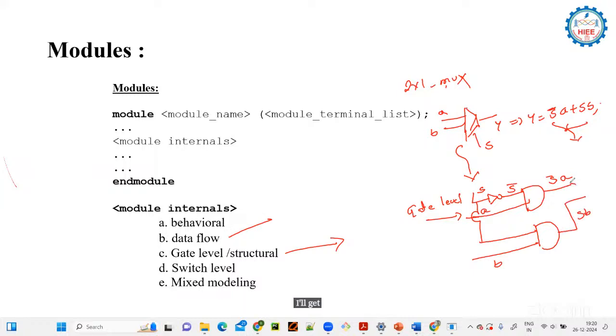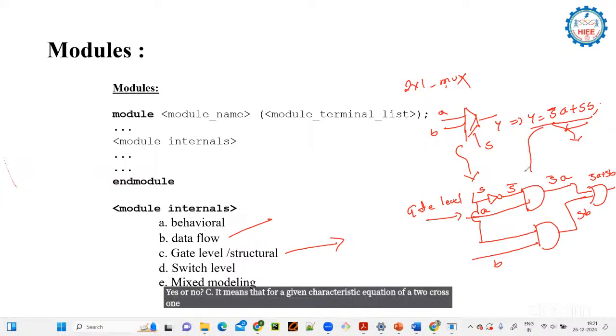Now I need to connect these two to an OR gate, so I'll get S bar A plus SB. Correct? It means that for a given characteristic equation of a 2 cross 1 mux, this is its equivalent gate level representation.